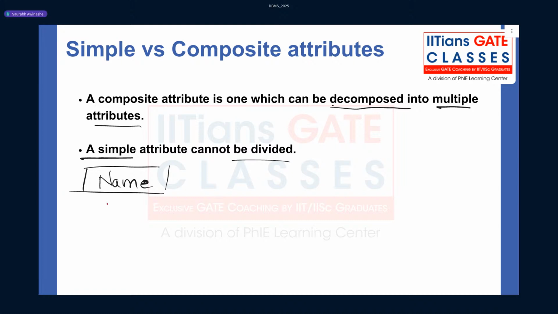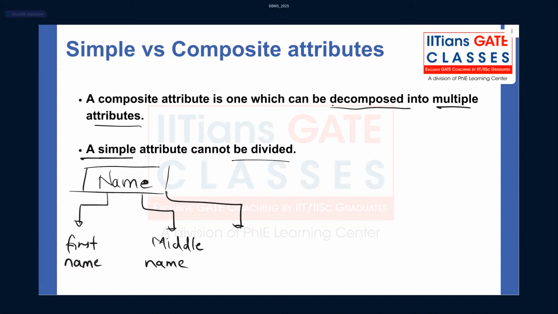Yeah, exactly. We can decompose this into first name, middle name, and last name. So your name becomes your composite attribute.